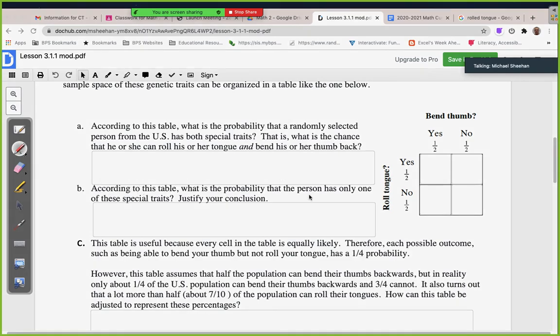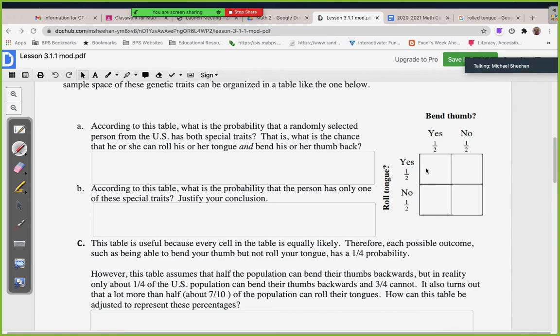So here's how we do this. In probability, if we want two things to happen, like the probability that you can bend your thumb and can roll your tongue, or the probability that you cannot bend your thumb and can roll your tongue, we multiply probabilities. Half of all people can bend their thumb, half of all people can roll their tongue.